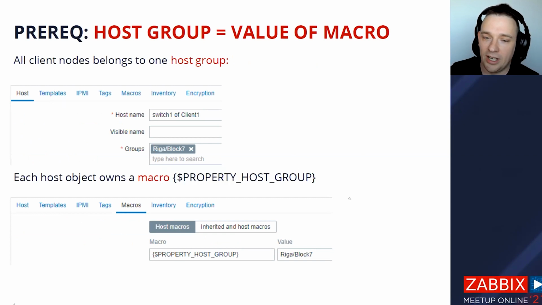At the same time, the second prerequisite is that each host object must have a macro with the name property_host_group, which will match exactly the same host group we configured in the first step. So this is a mandatory thing. Host group really equals the macro value.